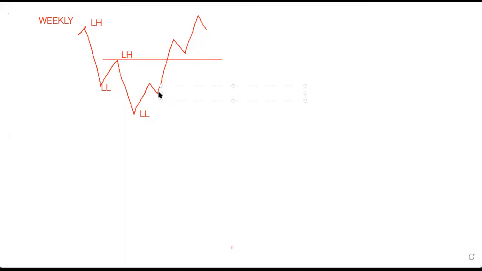This becomes your higher low, and now this becomes your higher high. And this also now becomes your what? Your higher low, coming from the fact that we've broken the previous higher high point, and this now becomes your new higher high.